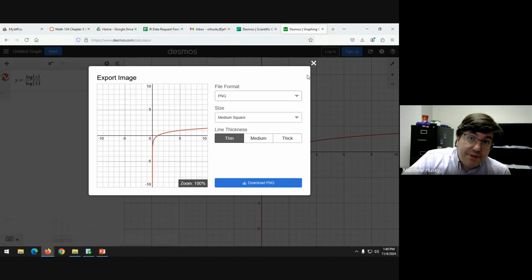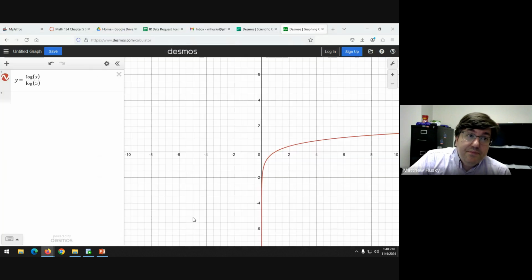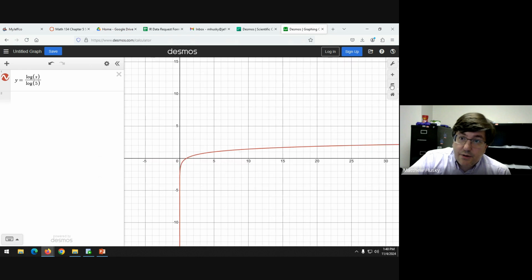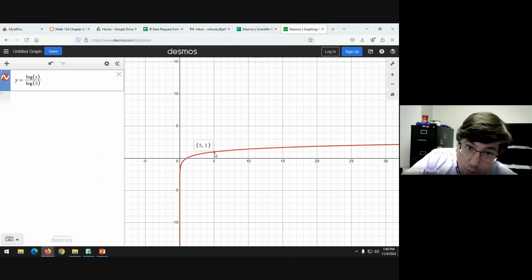One thing I want to say about this graph before we move on: because it's log base 5, we would need to have the number 25 to get to the number 2. So if we zoom out here, because 5 squared gives you 25, this graph at 1 is going to equal 5, because 5 to the first would equal 5.